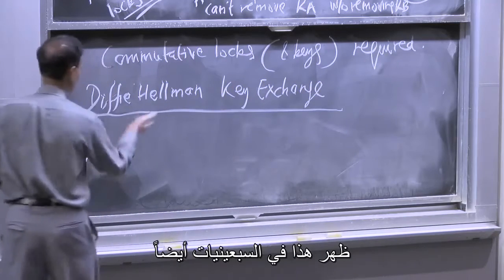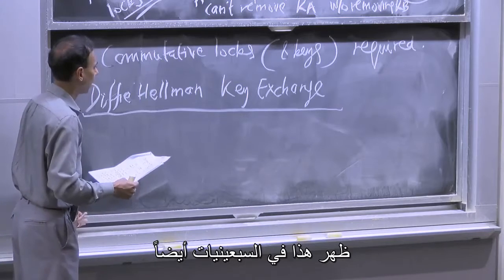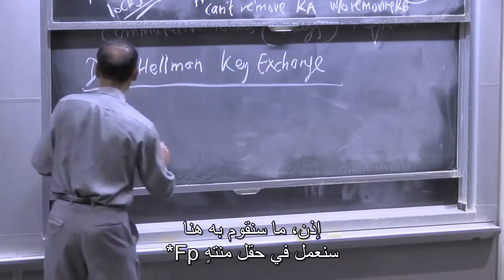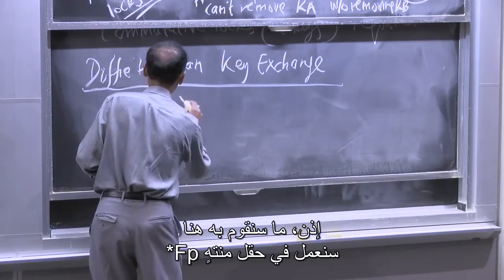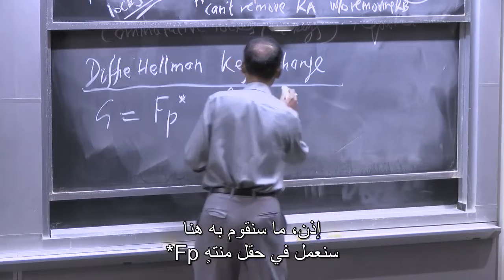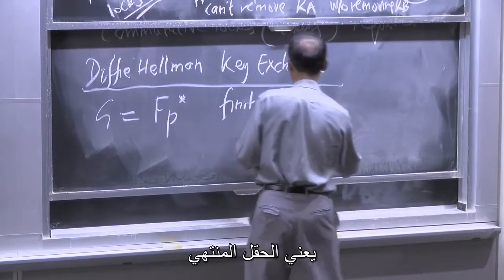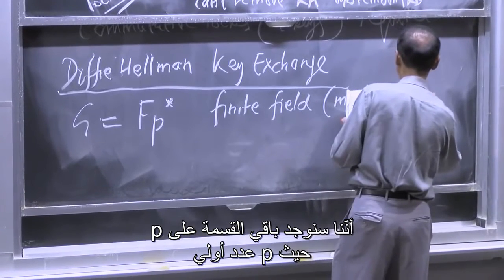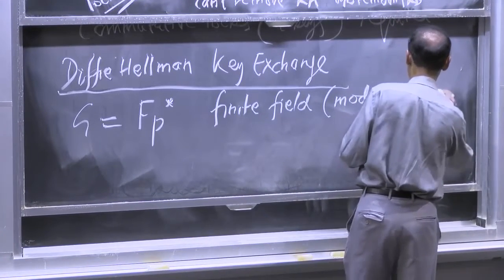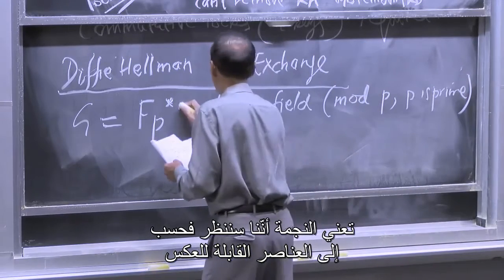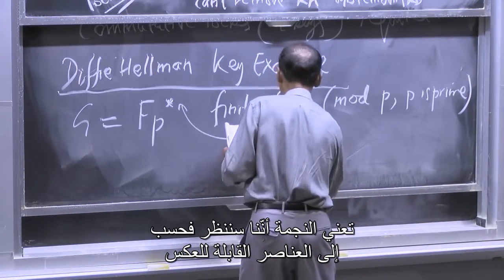And this was also described in the 70s. So what we're going to do is work in a finite field Fp star, and the finite field means that we're going to be doing mod p, where p is prime, and the star means we're only looking at invertible elements.